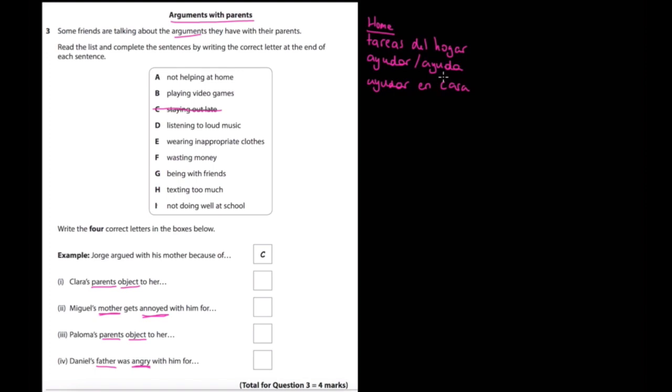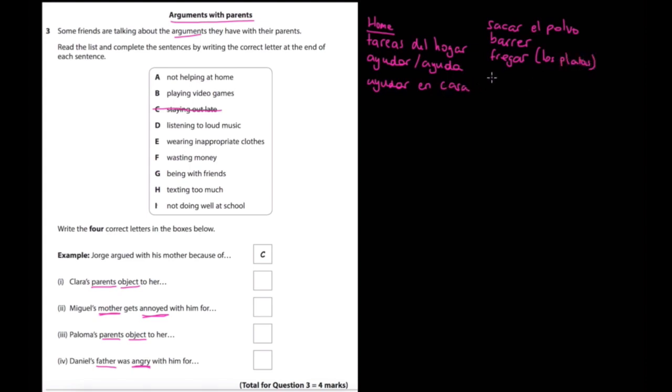If I'm feeling especially inspired and the time stretches to that, I might then think of activities. What activities are related with helping at home? We've got, for example, sacar el polvo, to dust. We've got barrer, to brush the floor, to sweep. Yeah, fregar, to wash, or fregar los platos, specifically to wash the dishes.